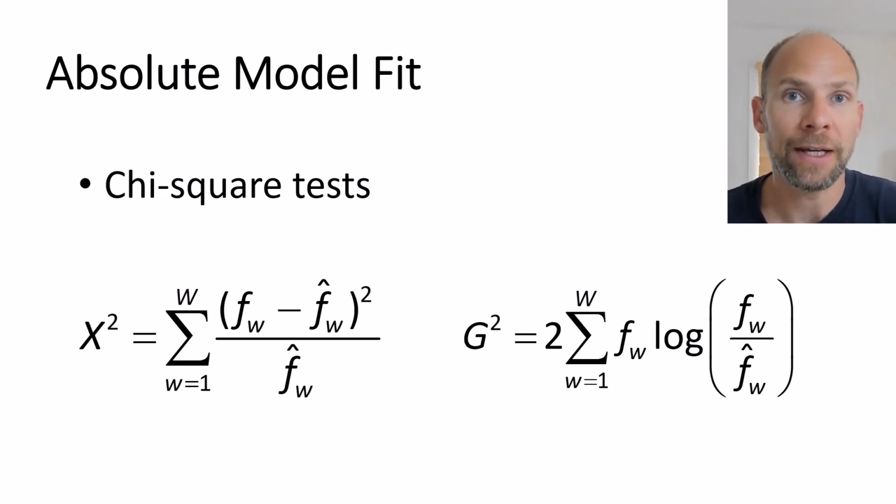That could violate asymptotic conditions, which means either one or both of these statistics may not follow a chi-square distribution in practice. And so that is one issue that we're having with these.